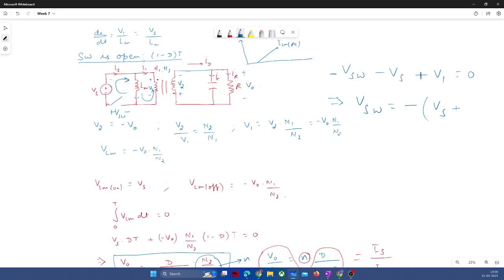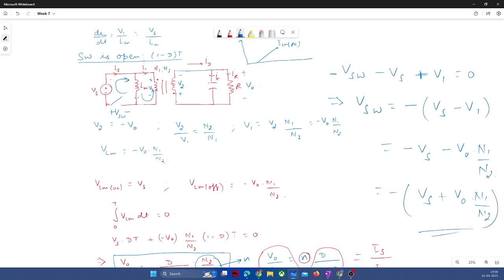So it will be plus V1. I will clarify it once at the end. V1 is equal to minus V0 by N2. So the blocking capability of the switch should be the supply plus V0 into N1 by N2. So this much is the capability.